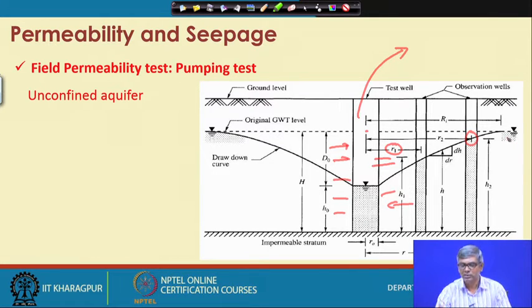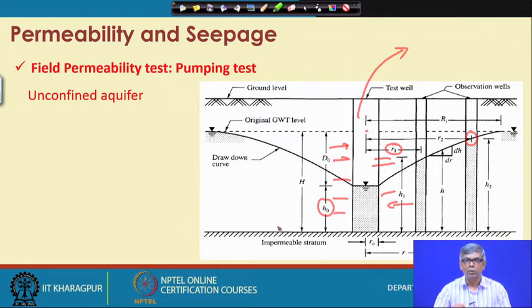That distance is called the radius of influence, that is, up to what distance there is no effect of pumping. Here h is the height of water from the impervious layer, and at a particular time the water level in the well is h naught. So, these are the things to be observed.